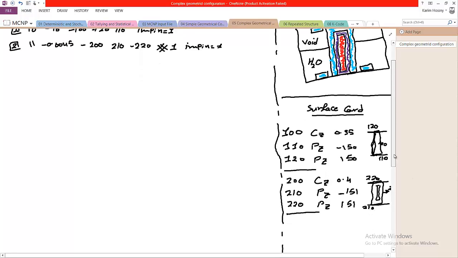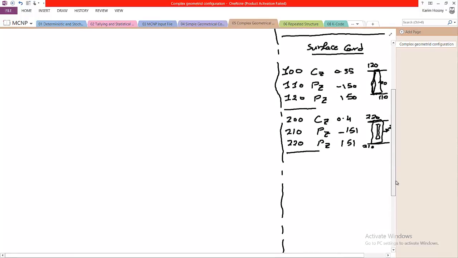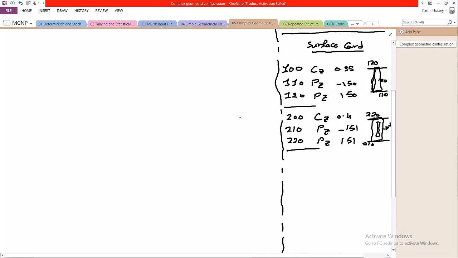After that, we have to specify the surface card of the clad, which will give the base 300. Of course, it will be CZ, let's say 0.5, then 310 PZ, let's say 155.